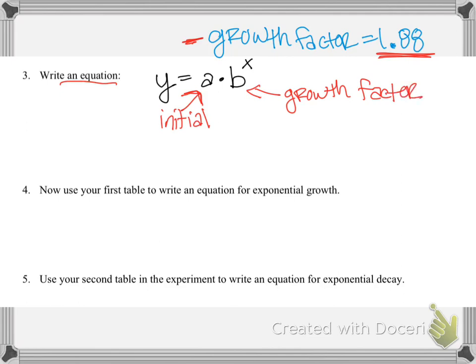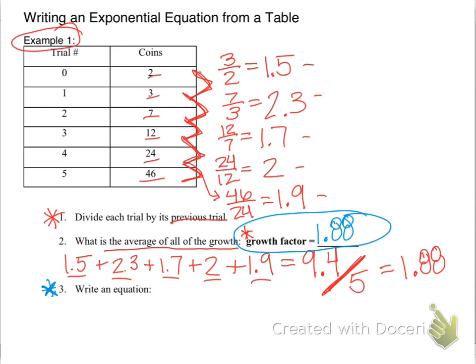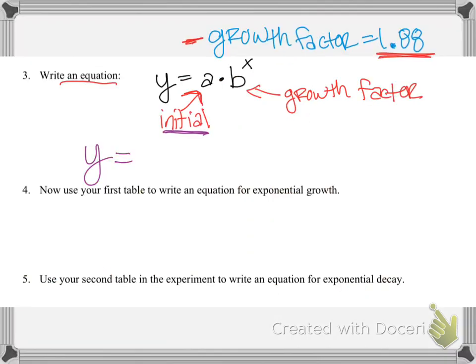So then if I were to write an equation for this situation, my first table, I'm going to write y equals, and then my initial amount is the initial amount of coins that I very first started with. And if we go back to my original first trial, my initial amount of coins is 2.